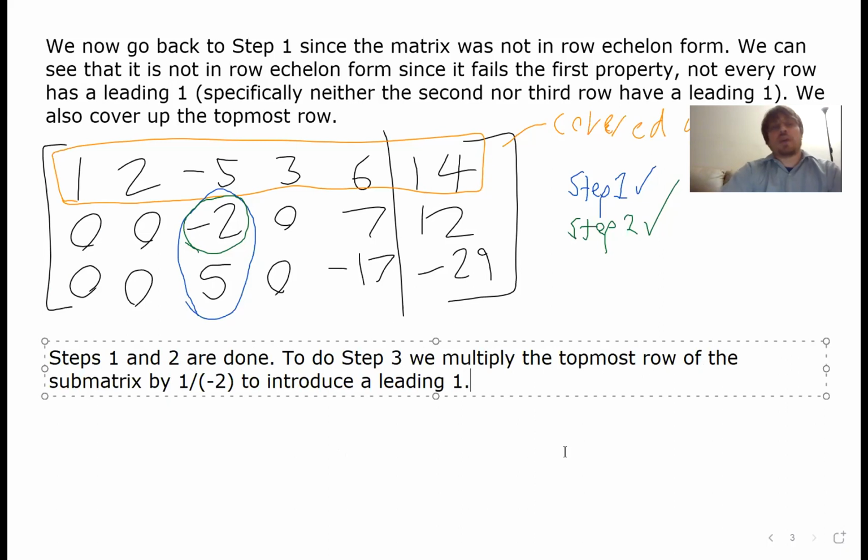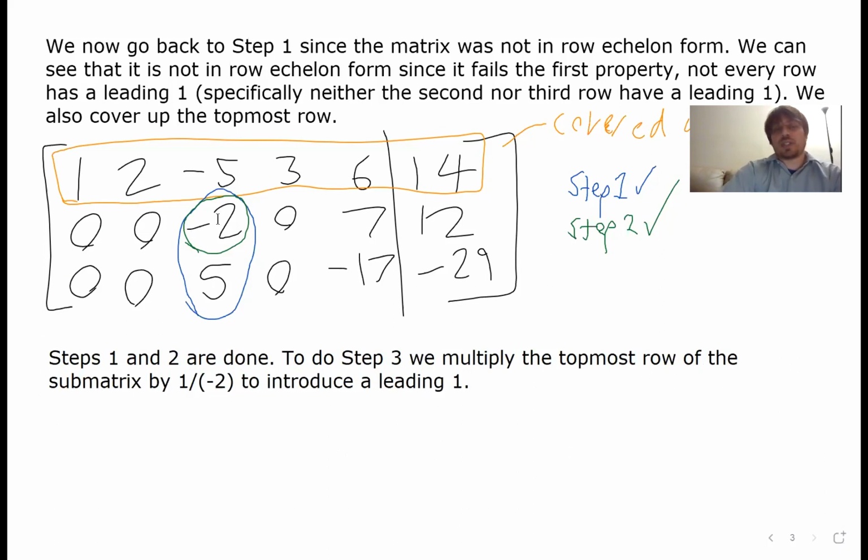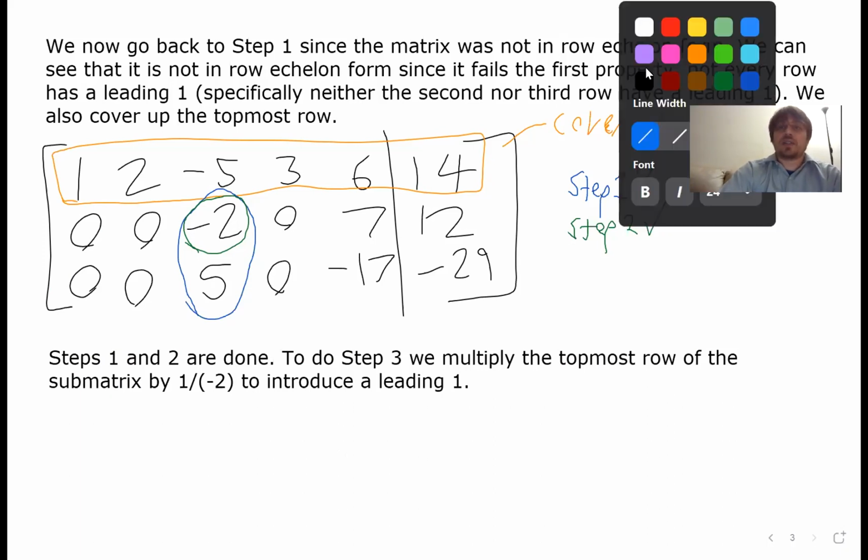By multiplying this row by 1 over -2, we introduce a leading 1 there where there wasn't one, right? We want every non-zero row to have a leading 1, and so we need a 1 there. It's a leading 1 because it's the first non-zero entry, and it's a 1.